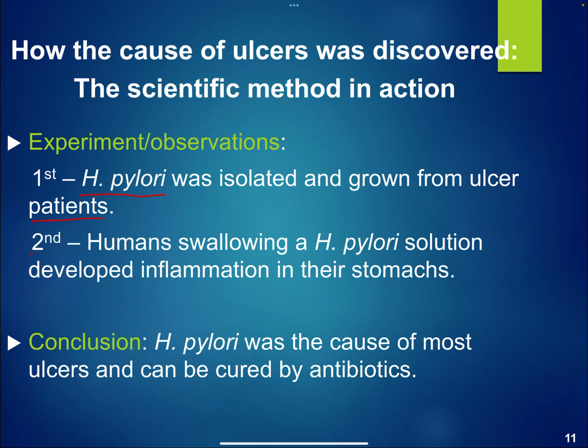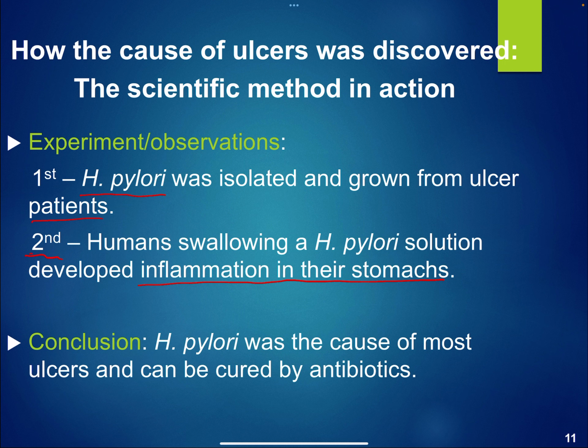In the second experiment, he showed that when swallowing Helicobacter pylori solution, people could develop inflammations in their stomach. Actually, he himself did that. He swallowed Helicobacter pylori solution, which was crazy.